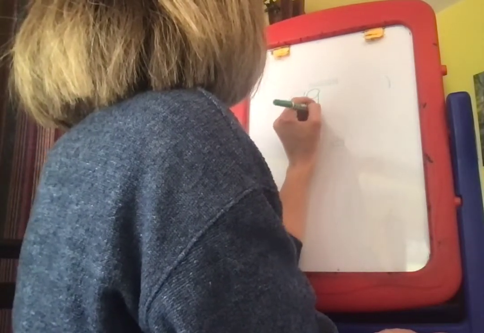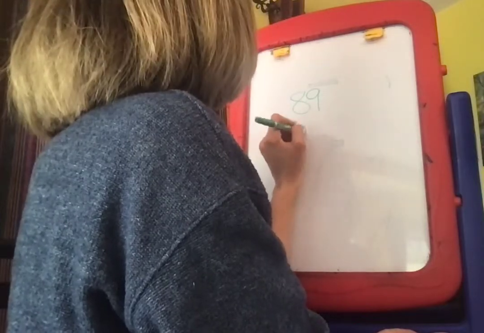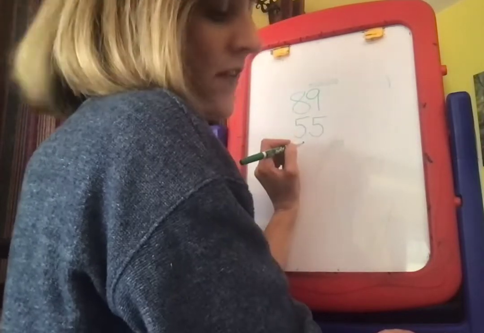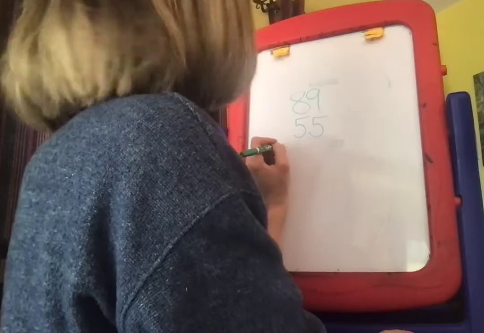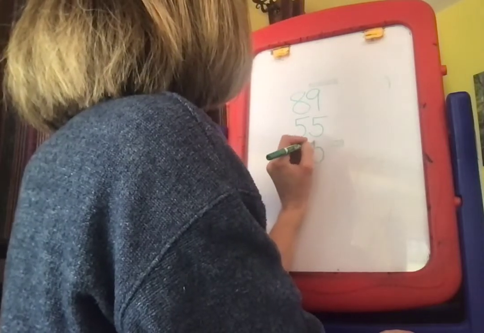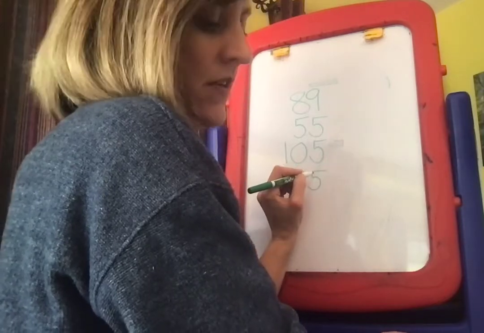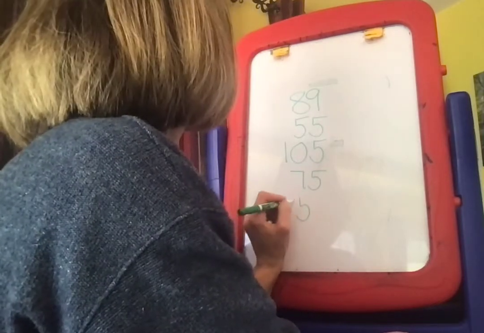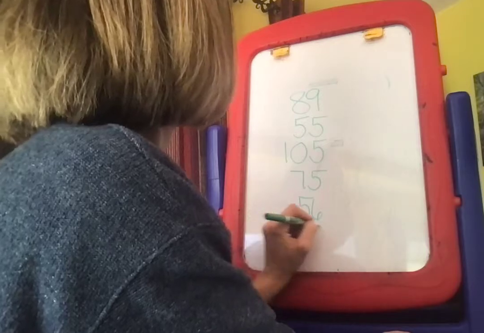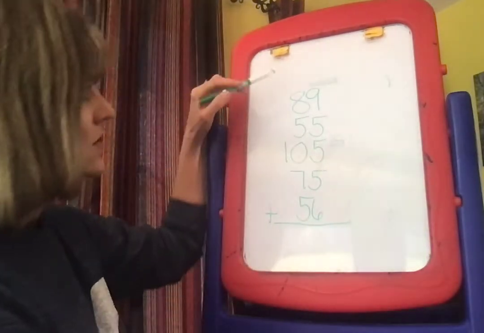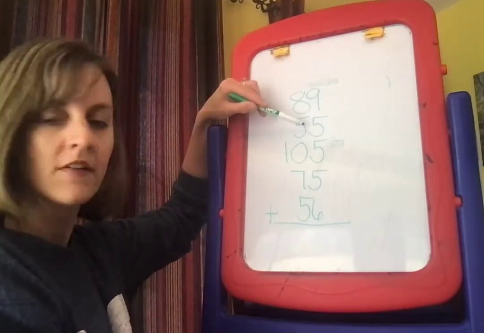If you know what you're doing, go for it. 89, 55, 105, 75, and 56.